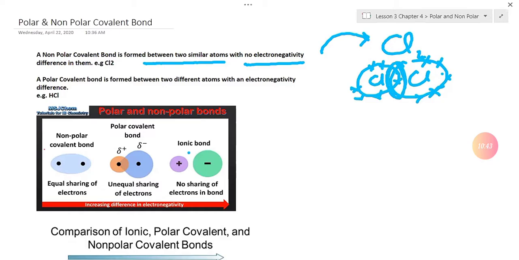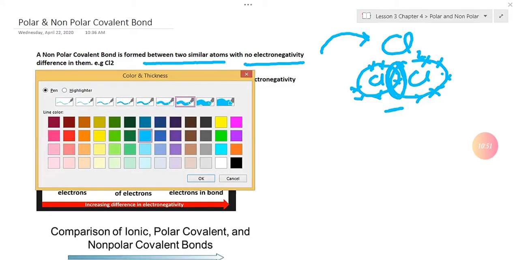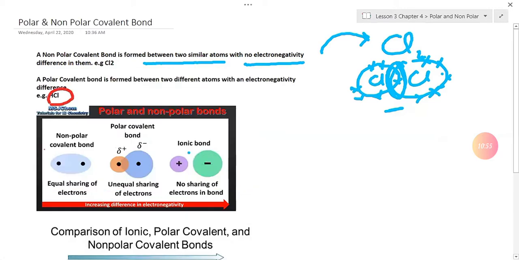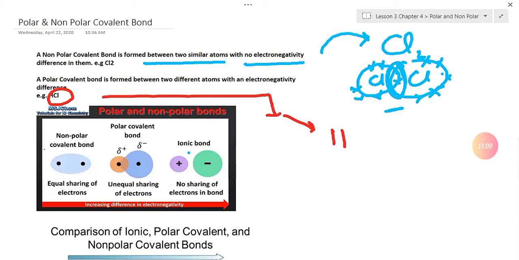But as both are chlorines, they have no electronegativity difference, so the shared pair is held equally between the two chlorine atoms. Whereas a polar covalent bond is formed when two different atoms are involved in bonding with an electronegativity difference. For example, HCl.